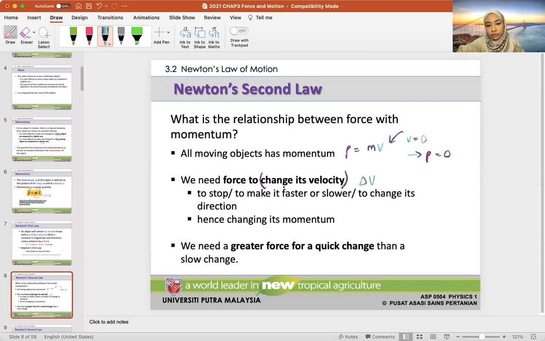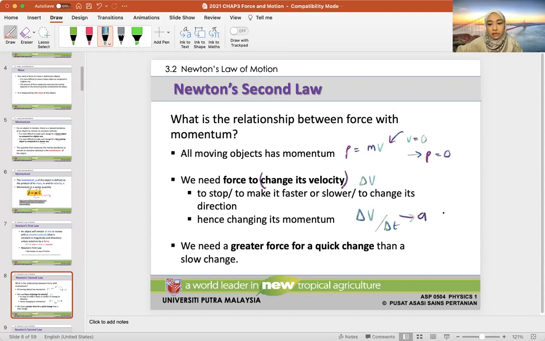So why is that? We need force to change its velocity, to stop it or to make it slower, or to change its direction. Okay, you know this. To change its motion in general, hence changing its momentum. So we need force to change its velocity and to change its momentum. Why is that? Because when we have a change in velocity over the change in time, we actually have acceleration.